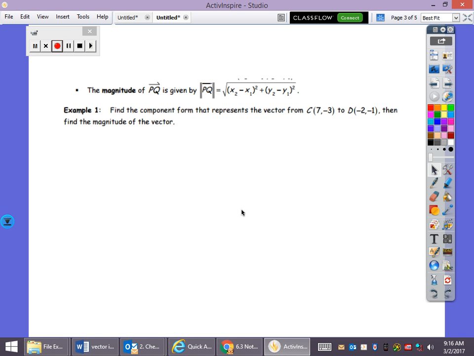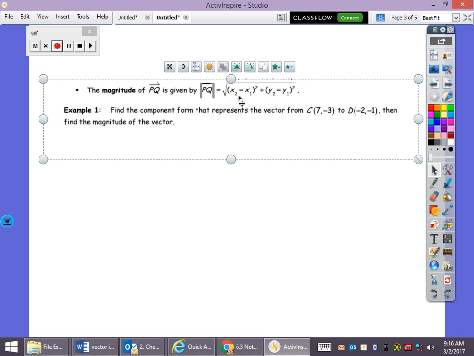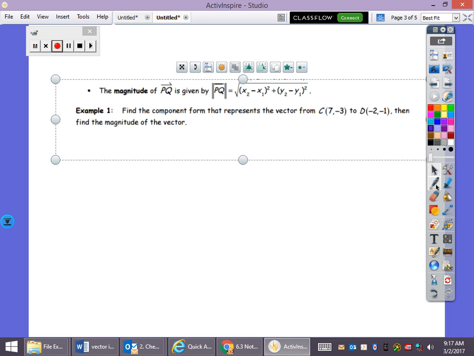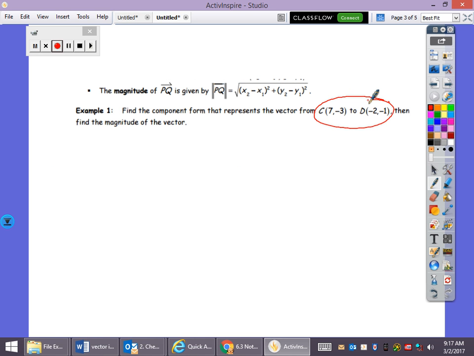Excellent. So I'm going to take the square root. I'm going to find the difference of my x, square it, and add it to the difference of my y coordinates. Using that formula and these two ordered pairs, CD, right here, I would like you to find the magnitude or the distance from C to D using the distance formula. Try that now, please.